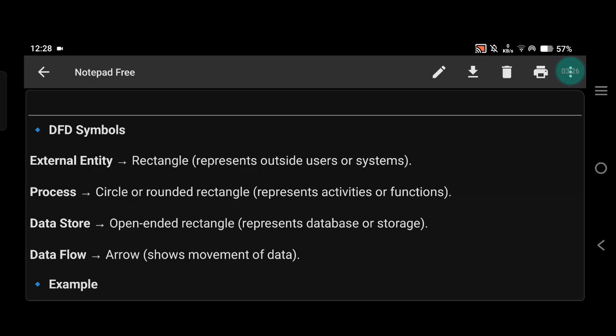Data store: an open-ended rectangle represents a database or storage. Data flow: arrows show the movement of data.